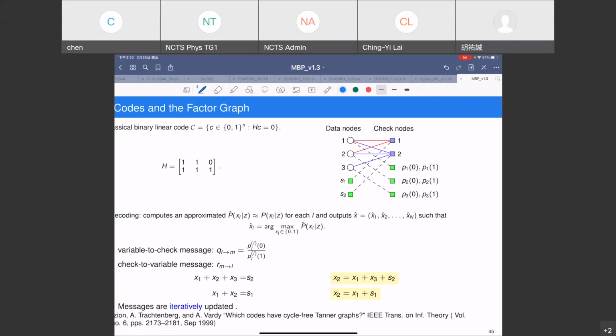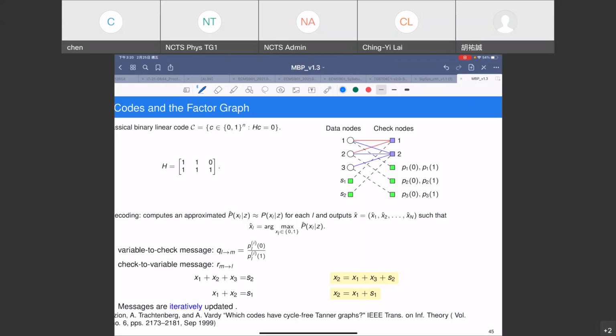Okay. And we also have some channel information. We know the bit flip error rate of each bit. So they are here, the bit flip error rate. And we have some syndrome measurement outcomes, right? So we have syndrome bits S1, S2. These syndrome bits are connected to the parity checks. Okay, so we have this factor graph.